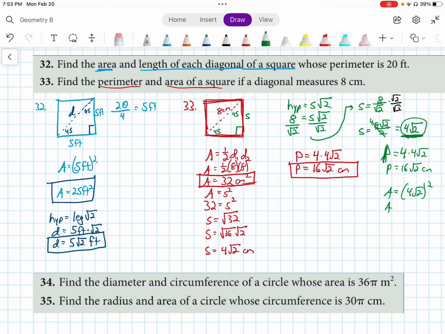When you square this, you have to be careful. It's 4 root 2 times 4 root 2. Just make sure you do it right. So 4 times 4 is 16. Root 2 times root 2 is simply 2, and so our area is 32 centimeters squared. Again, we found both of those things earlier, but there's a couple different approaches we can take.